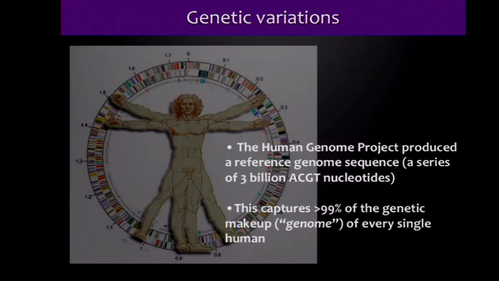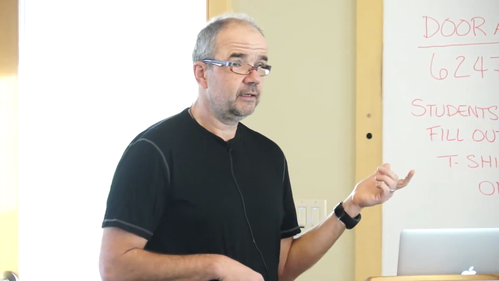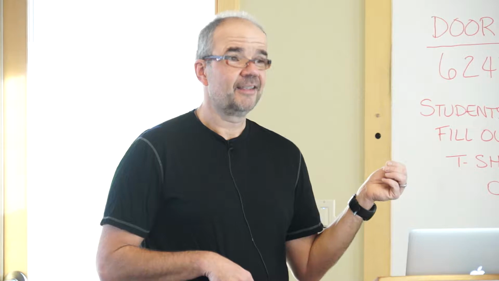However, there are differences. Less than 1%, but significant differences between any two individuals, or even within your own DNA. Can you harbor genetic variations in your own DNA? How? Can somebody tell me? Somatic mutations, one, and even inherited mutations.